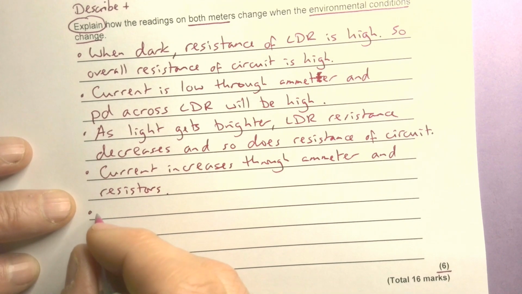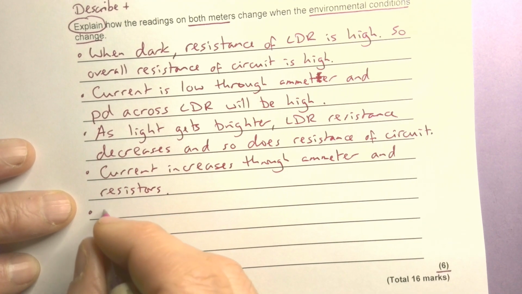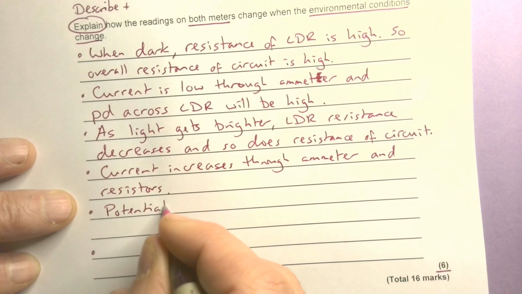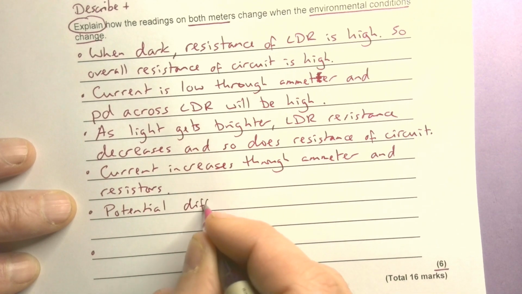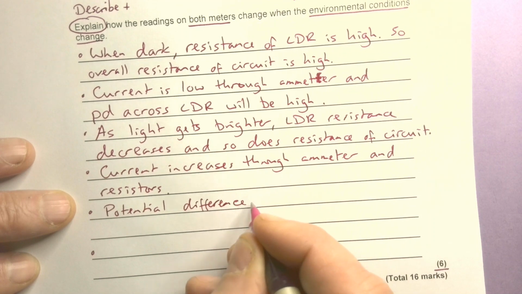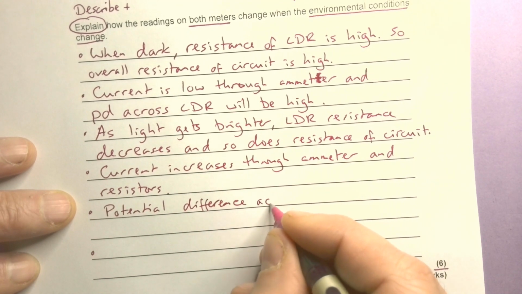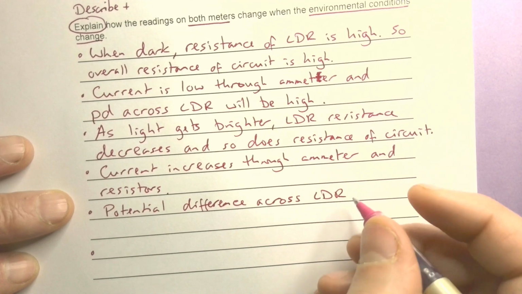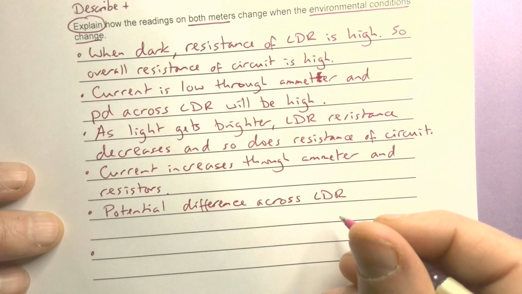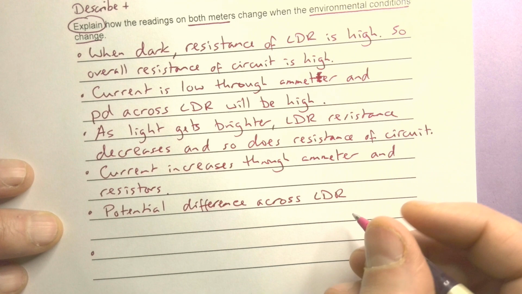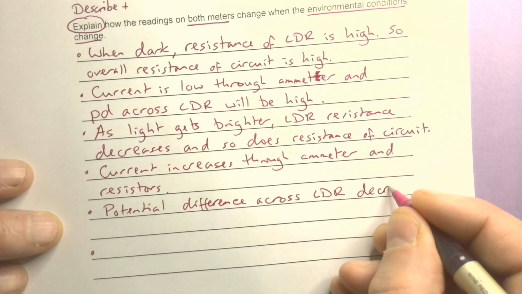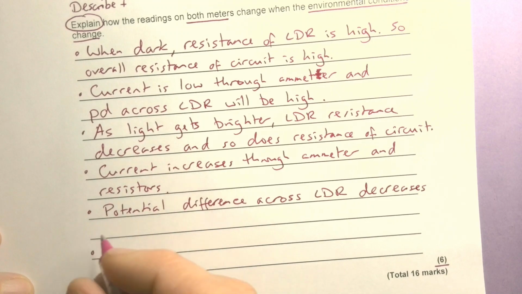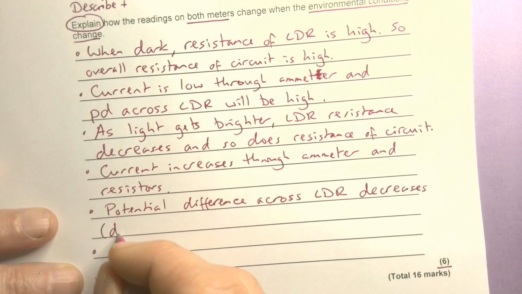So current increases through ammeter and resistors. The potential difference across LDR decreases, because it's easier to get through. So due to lower resistance.